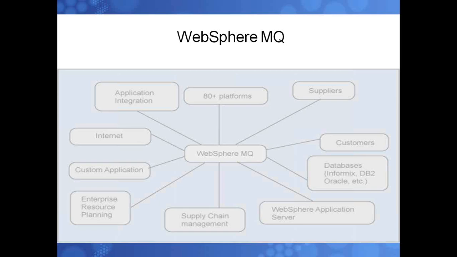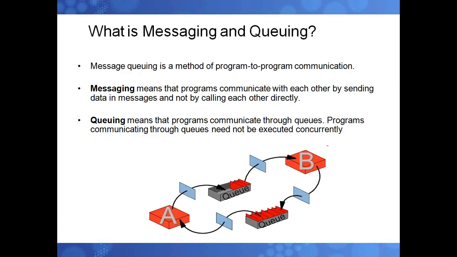So the main advantage of WebSphere MQ is communication between different applications. As I said, messaging and queuing are the two concepts which have played a vital role in creating this MQ product.